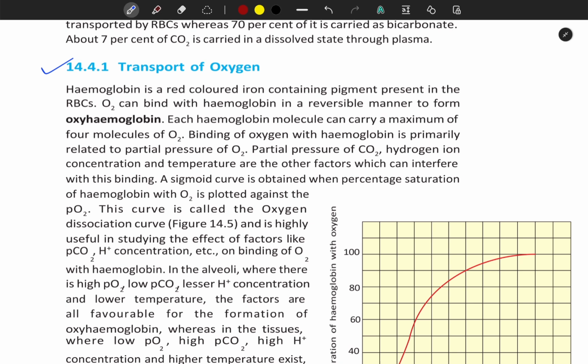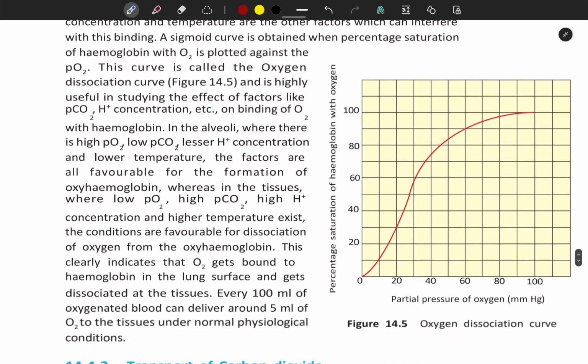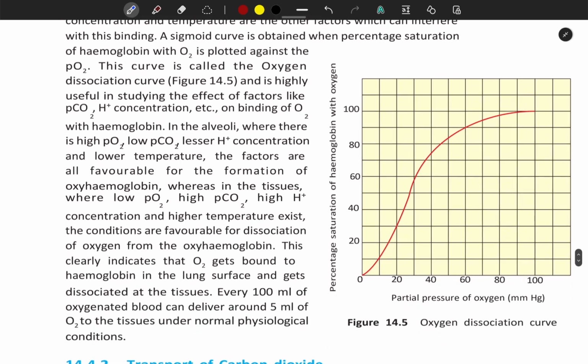In the alveoli, where there is high PO2, low PCO2, lesser H ion concentration and low temperature, the factors are all favorable for the formation of oxyhemoglobin, whereas in the tissues, where low PO2, high PCO2, high H ion concentration and higher temperature exist, the conditions are favorable for dissociation of oxygen from the oxyhemoglobin.